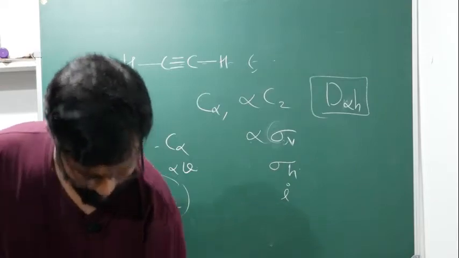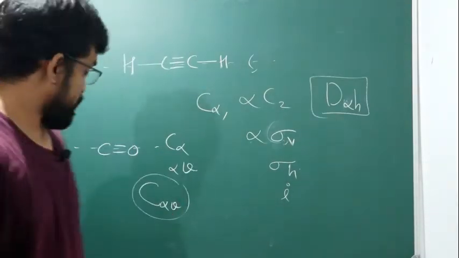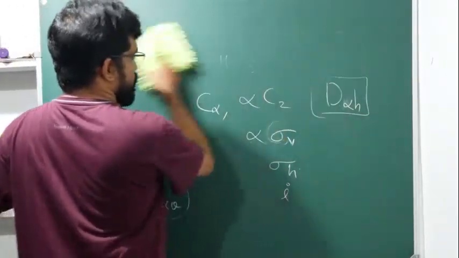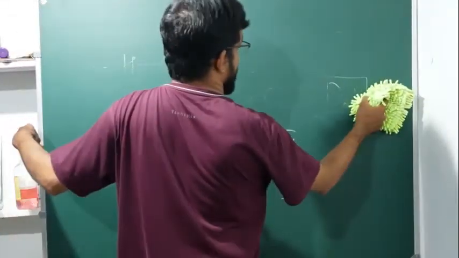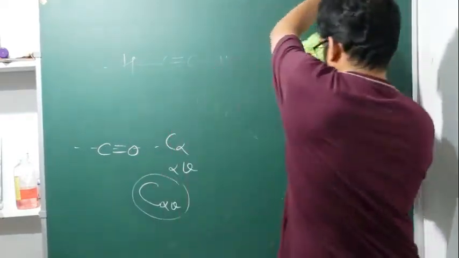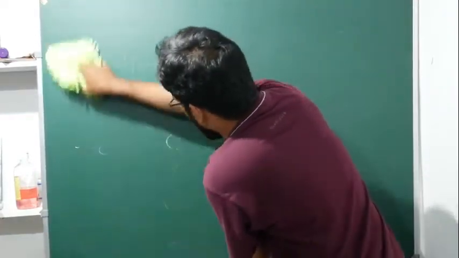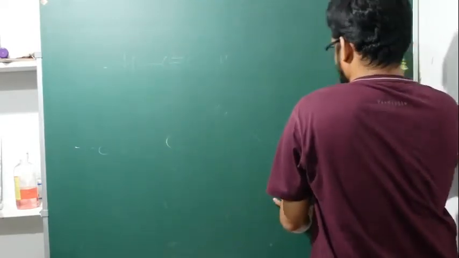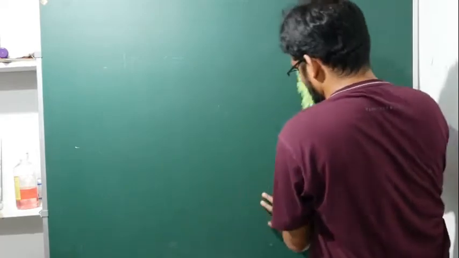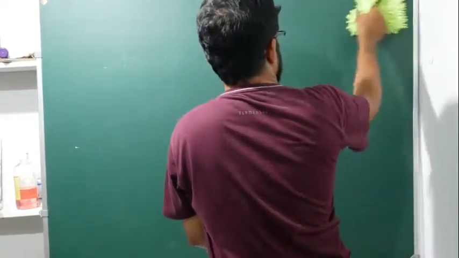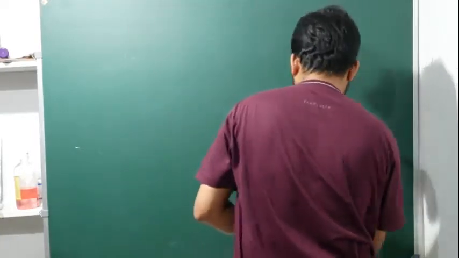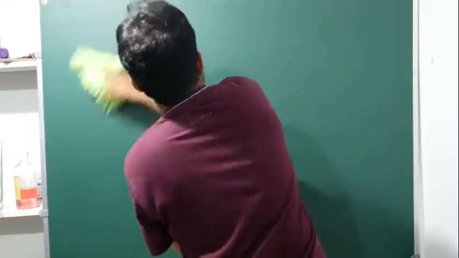I am taking only a few examples, the remaining you go through, and I expect you to draw all of them, or at least do it for your rough work. That will be beneficial for you in the examination and the net examination. It is a very important topic in the next examination.